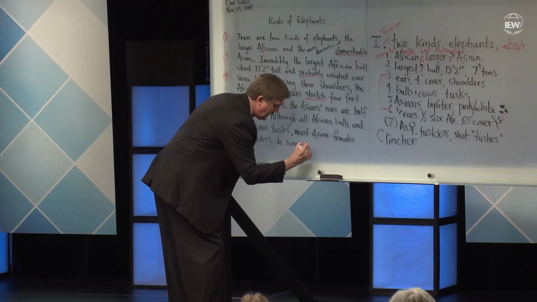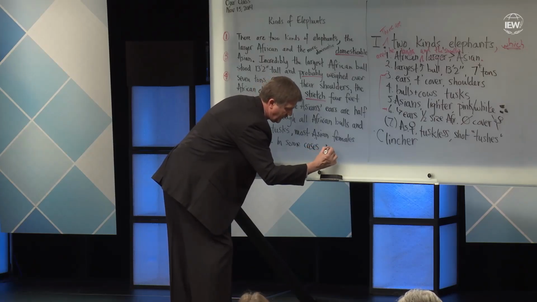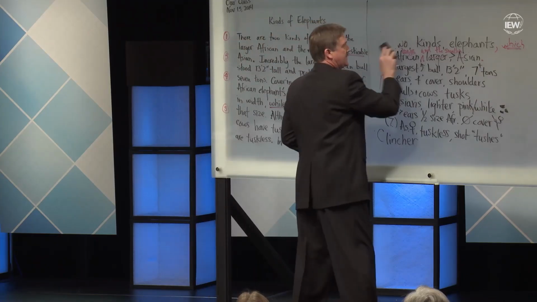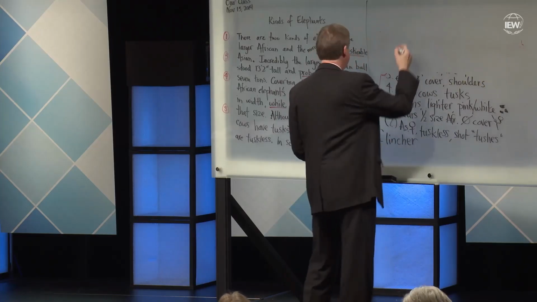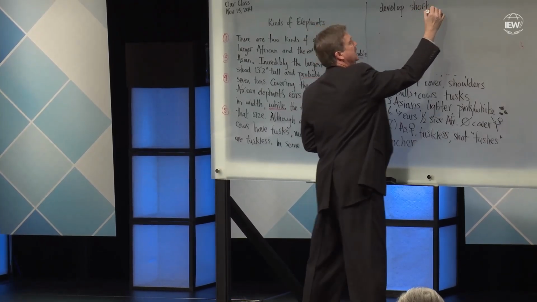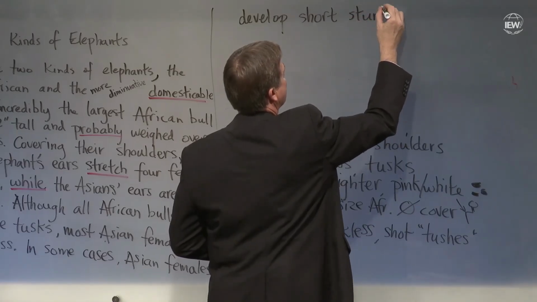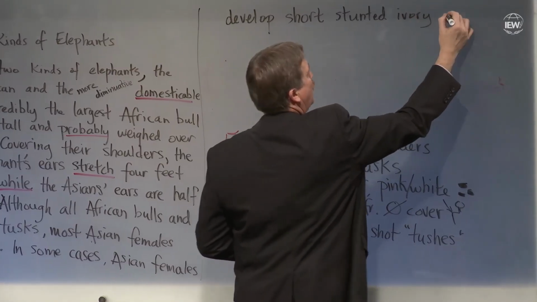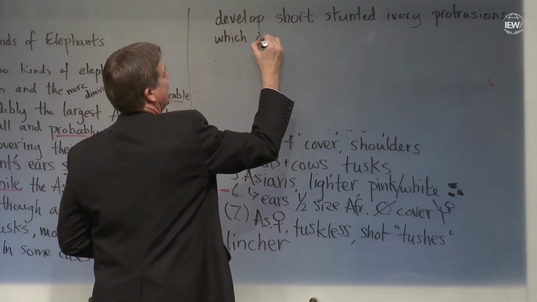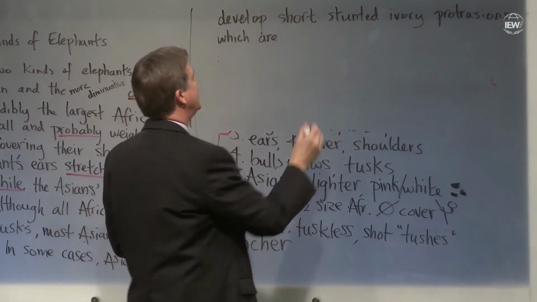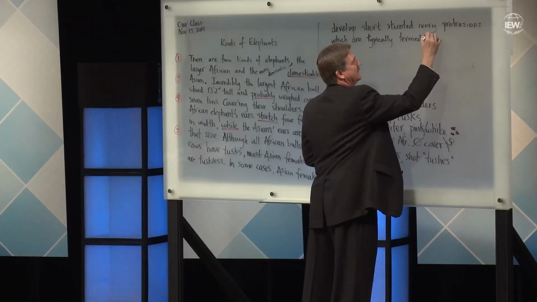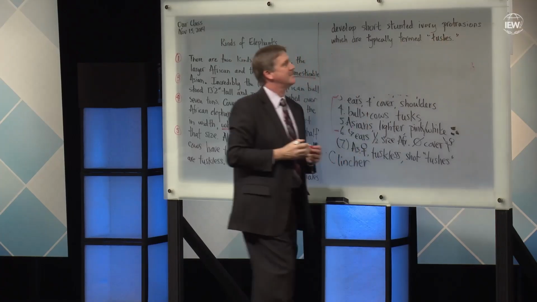In some cases, Asian females develop short, stunted, ivory protrusions, which are, I'm just so sorry, I cannot resist the alliteration, typically termed tushes. Good enough?